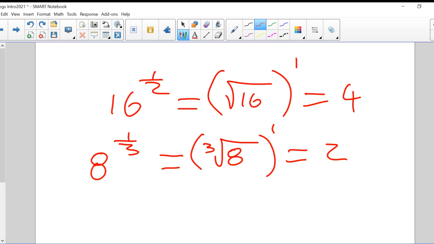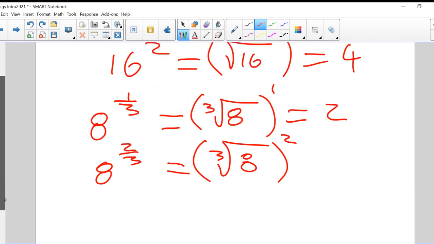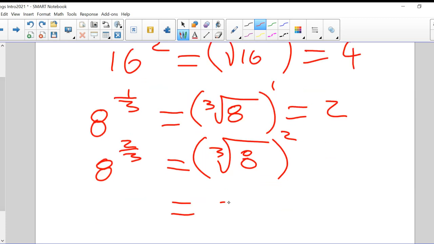But in our case now, let me come back to the question that I was asked by Quinn. We're taking 8 to the power of 2/3 this time. So it involves two things. It involves the cube root of 8 raised to the power of the top number, which is 2. The cube root of 8 is 2, and then 2 to the power of 2 is in fact 4.